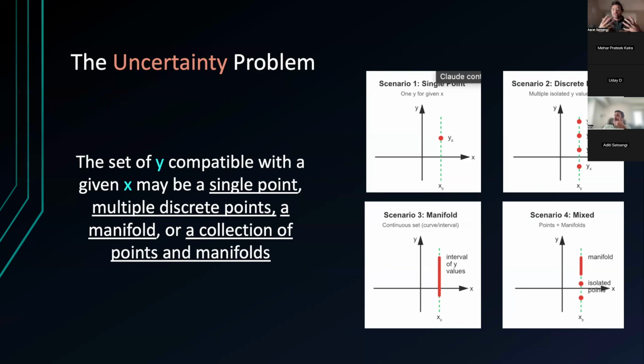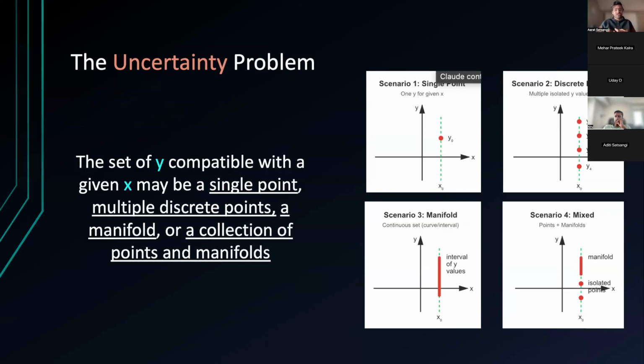So there can be different ways to fill that masked part of the signal. Or in images, you can think about filling the masked part of the image. There can be different ways to do this, so there is a lot of uncertainty in how to do this.